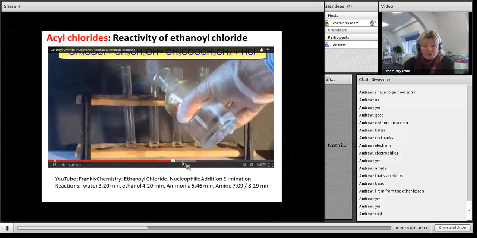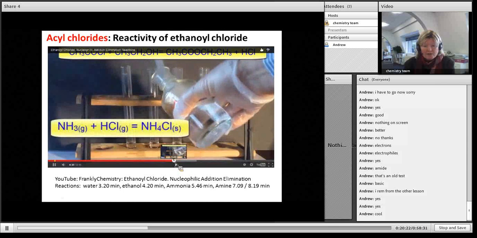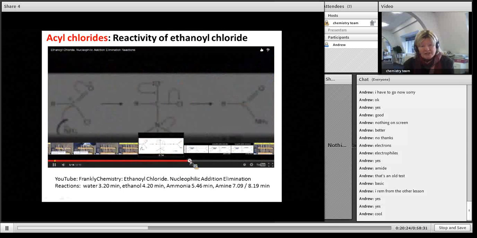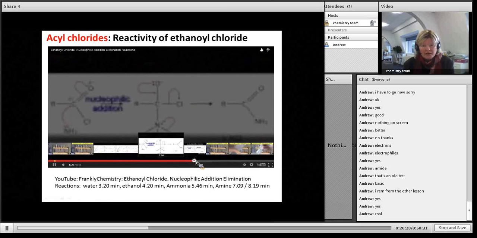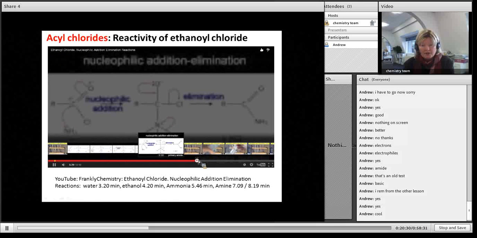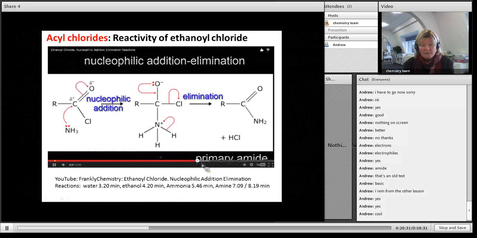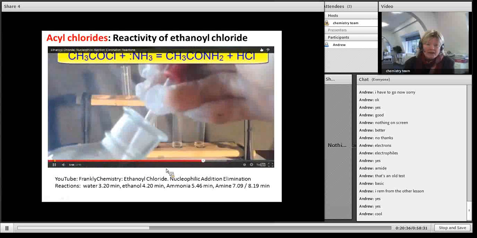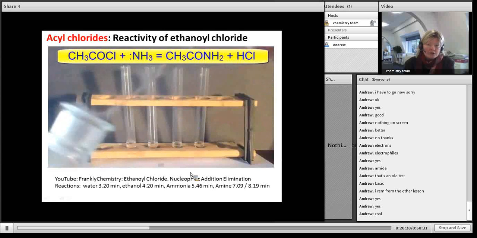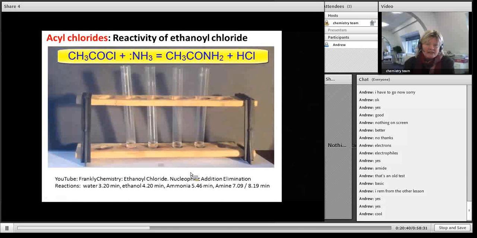Now we'll react it with ammonia. And remember, we're getting to a better and better nucleophile being added, so it's getting more and more reactive. Okay, I'm going to move it on a bit more. So now they're adding ammonia. You can see the ammonia really fuming over there. And now have a good look at what happens here when he finally adds it.